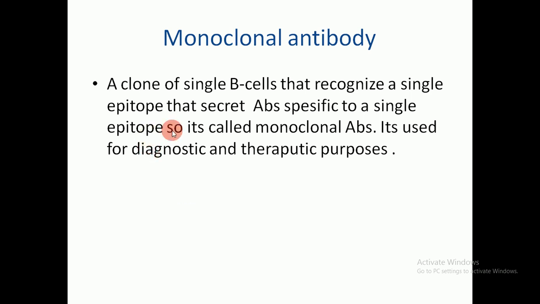While monoclonal antibody is a clone of a single B cell that recognizes a single epitope, only a single epitope, you must pay attention, that secretes antibodies specific to a single epitope. So it is called monoclonal antibodies.